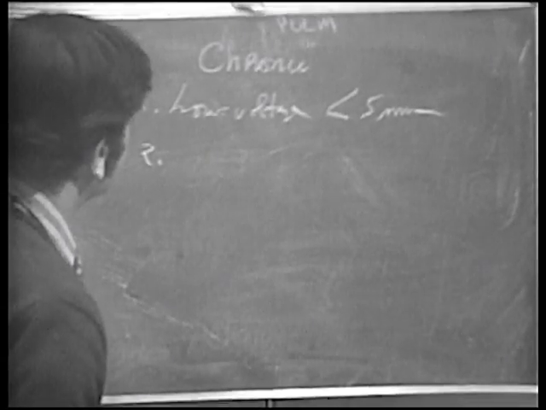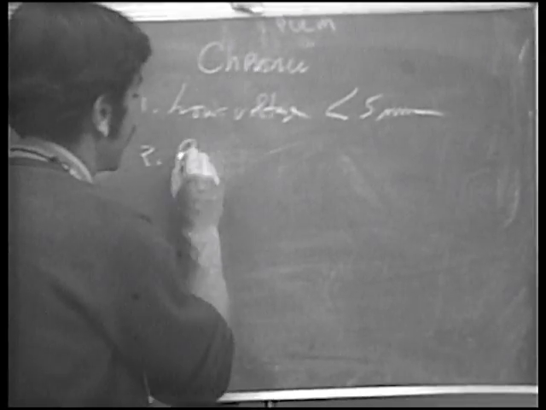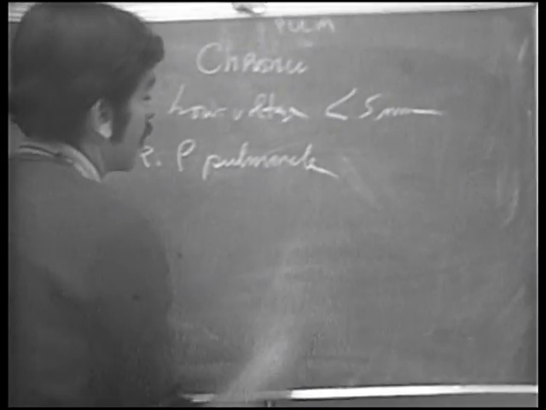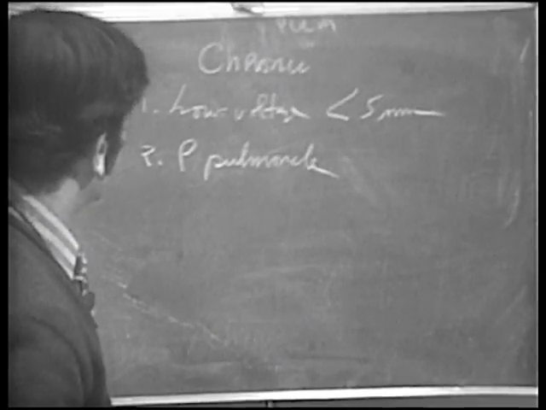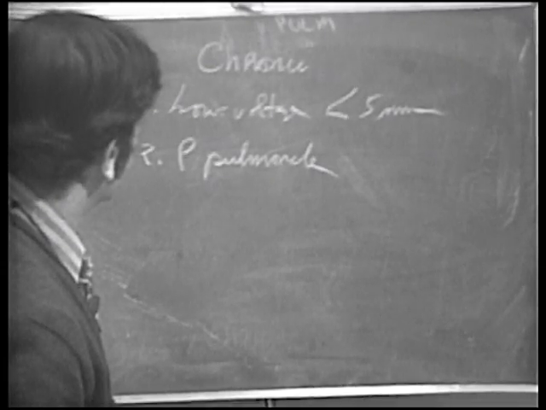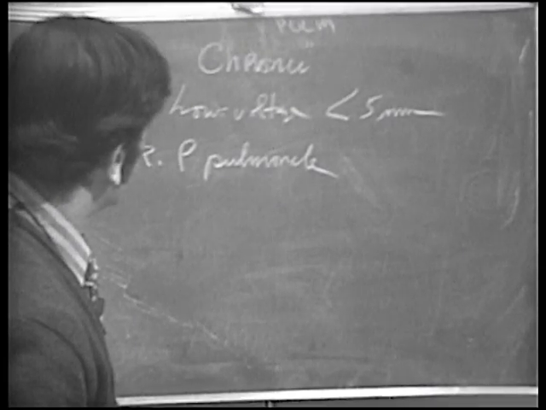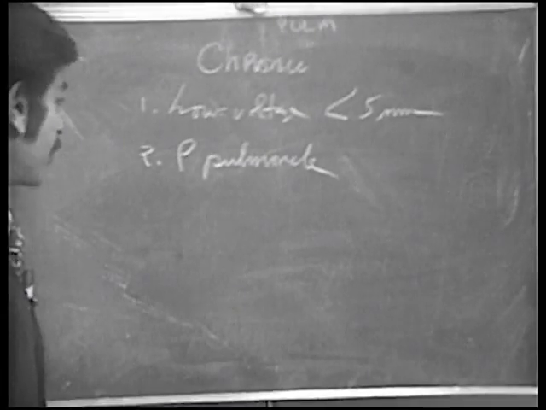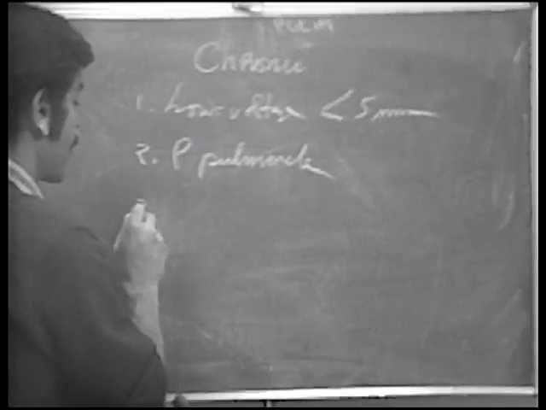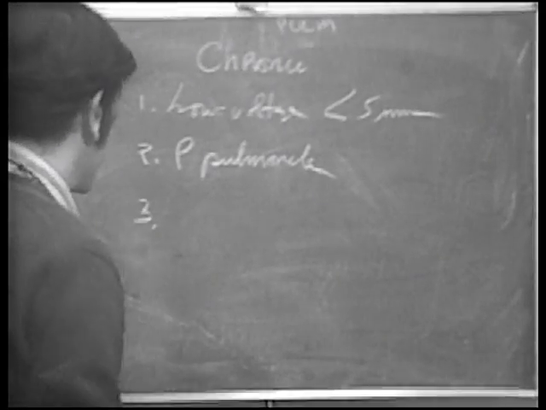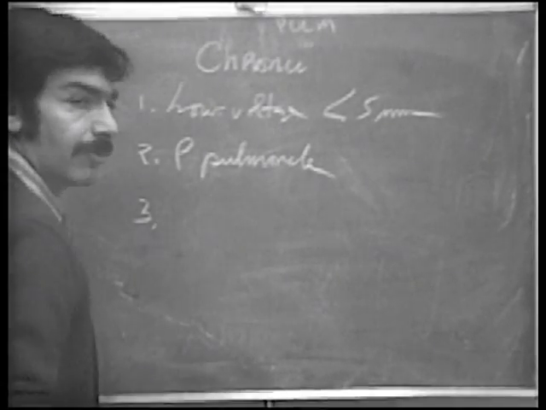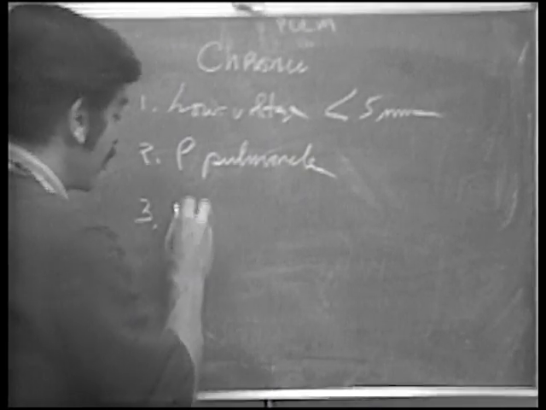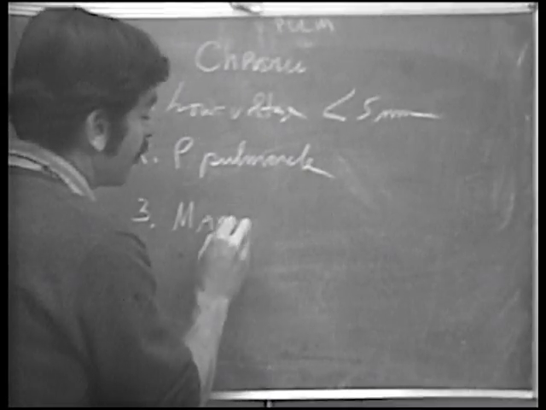Another criteria might be P pulmonale. Okay, peaking of the P waves. So this is a second criteria that we see, a second finding that we frequently see in patients with pulmonary disease. A third criteria might be, as I've mentioned earlier, this extreme right axis deviation, or marked right axis deviation.